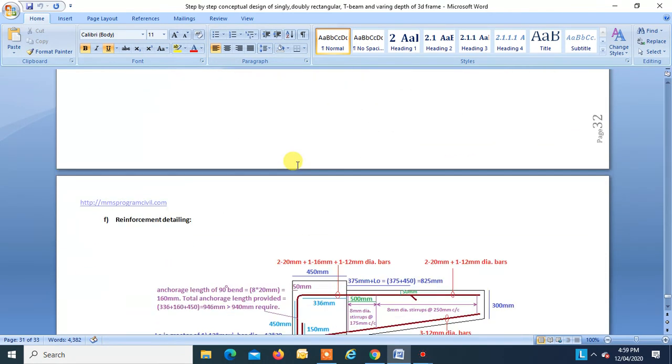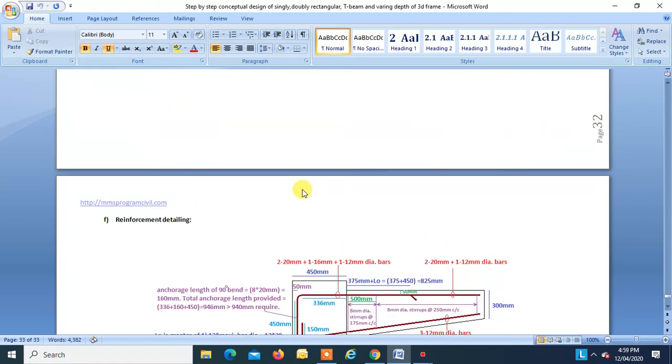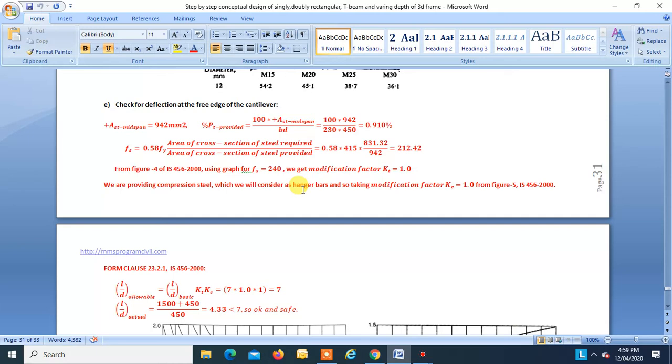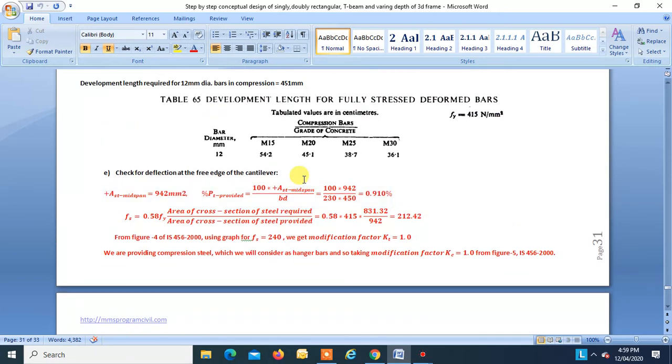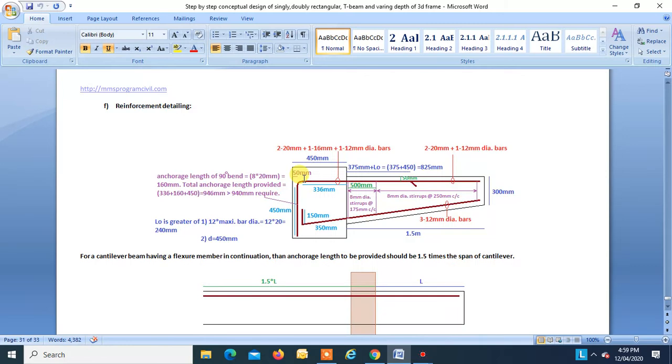So we are providing 350 plus an L of 150 mm, so this is 500 mm, which is greater than 451, so that's okay, right. So this is how we provide the anchorage length in the cantilever, okay.